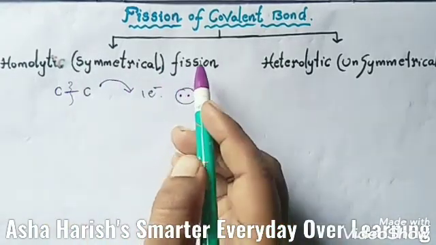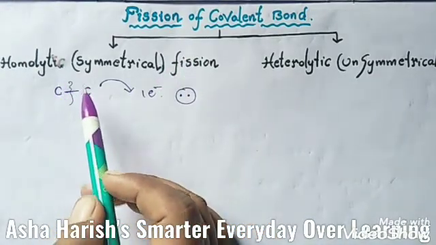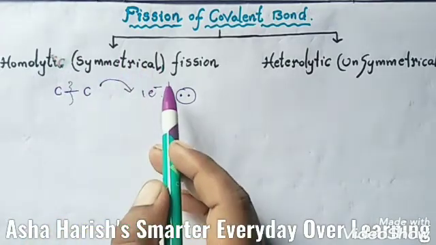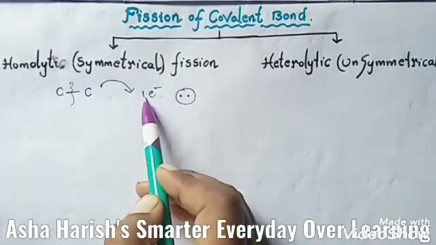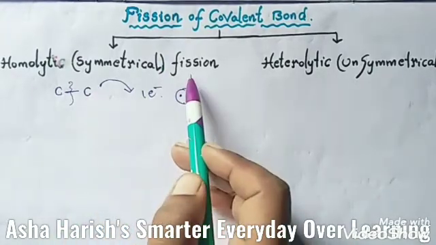I'll tell you once again: if a covalent bond breaks in such a way that each atom takes away one electron of the shared pair, it is known as homolytic fission.